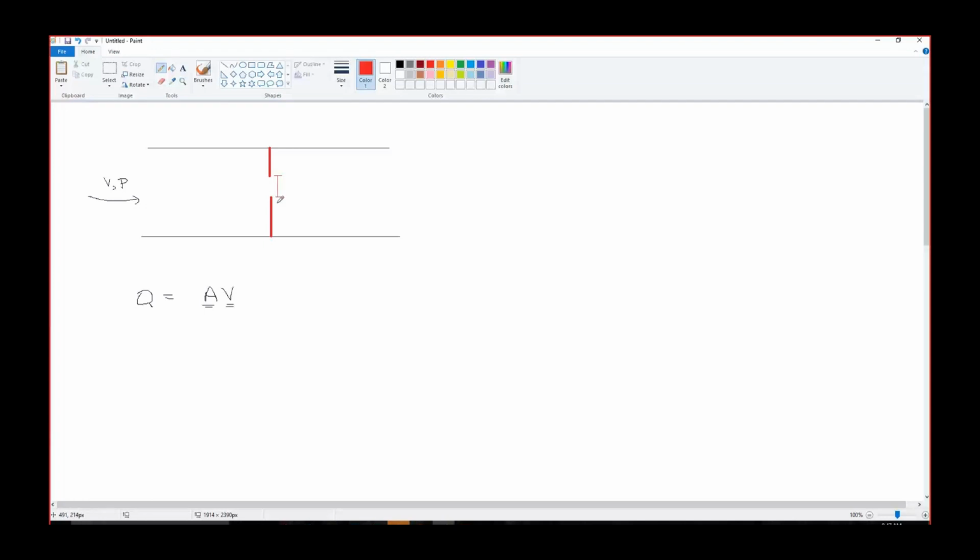What will happen at this point? This is point 1. We'll have some velocity, let's say v1, and pressure p1. At this point, the pressure will convert to velocity v2, and there will be some pressure p2 as well. v2 would be greater than v1, we know that, right?